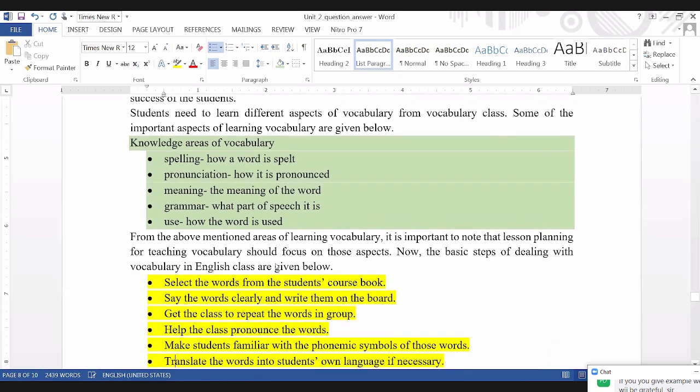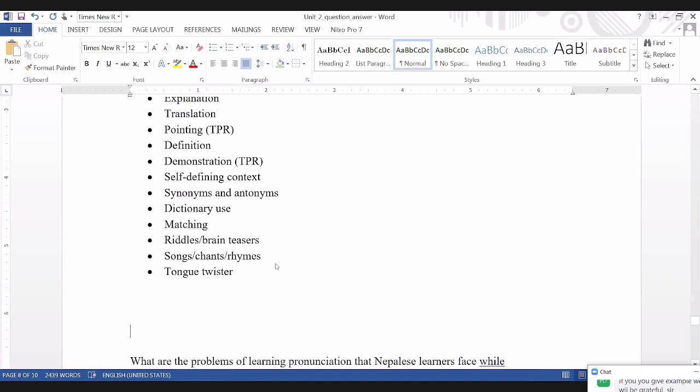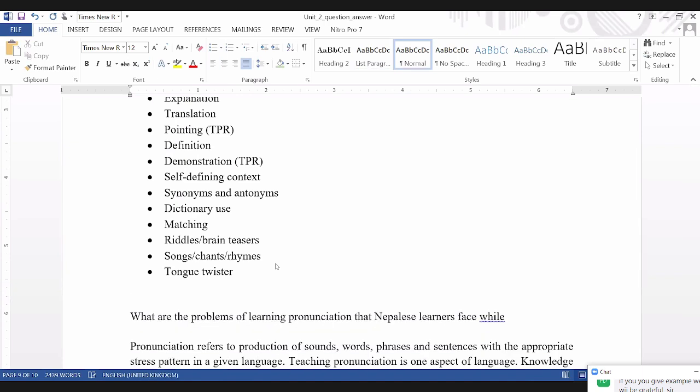These are the basic steps. These are the activities. In the last class also we checked how do you teach the given words. What are the activities to be done? Vocabulary, pronunciation, spelling, and meaning.